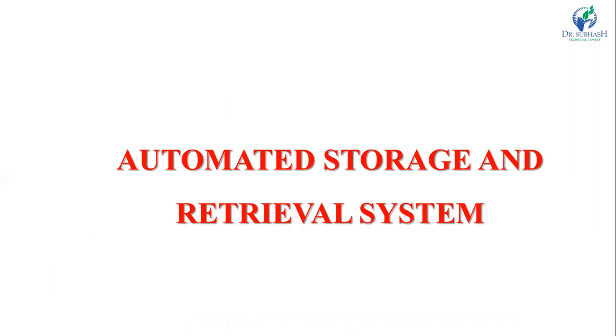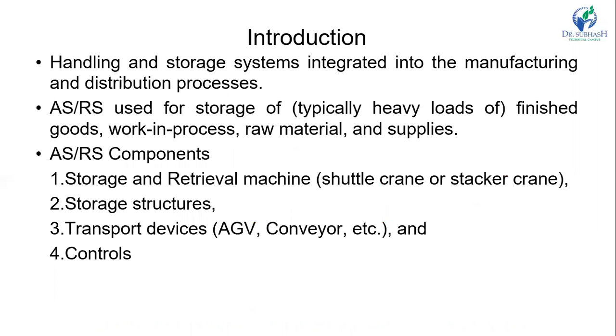First of all, the introduction of automated storage and retrieval system. In large manufacturing establishments, the volume of items to be stored and retrieved becomes so large that manual means of doing so become extremely unreliable and time consuming.